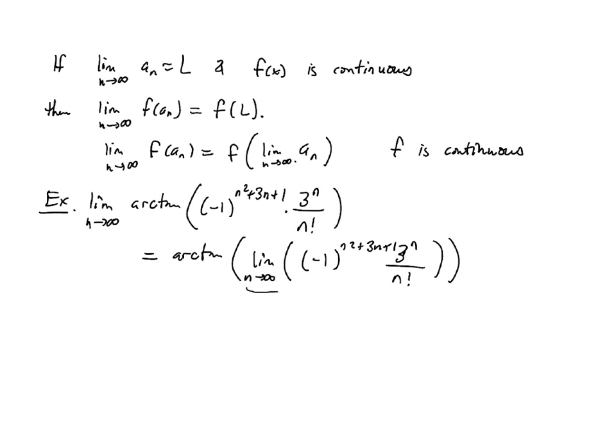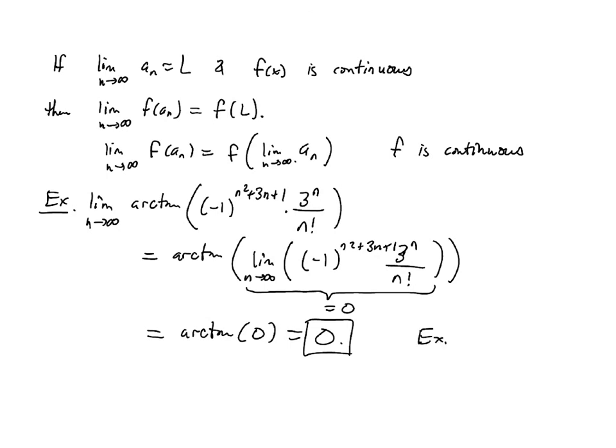This limit we already computed, or at least one like it, is equal to 0. So we end up with the full limit being arctan of 0, which is 0. And you can see another example like this in the text in example number 9. So this is the end of the first part of the lecture on section 11.1 on sequences.